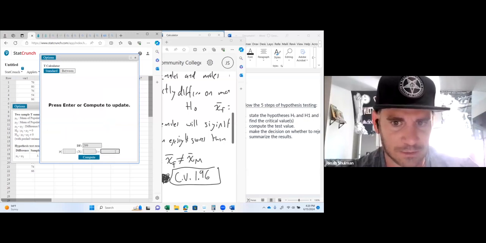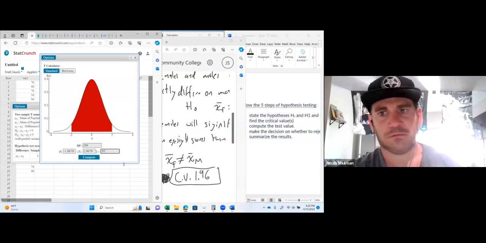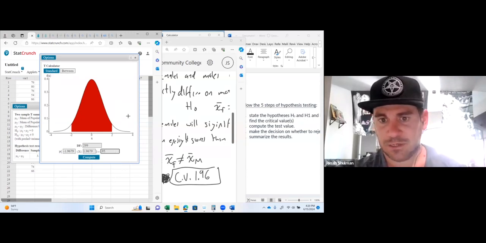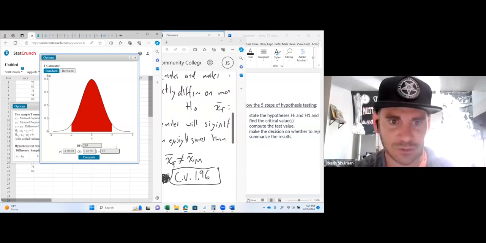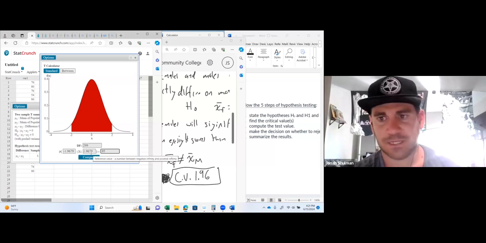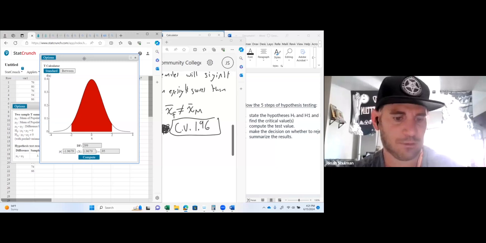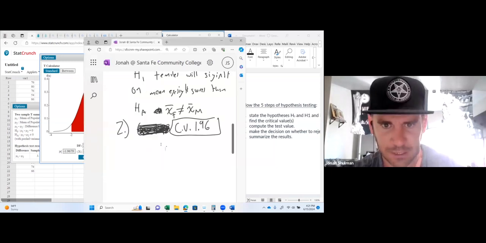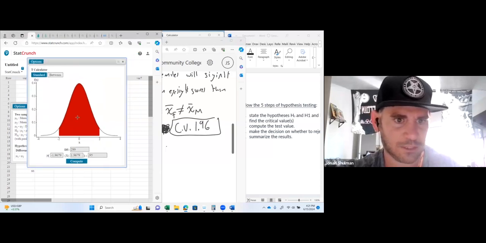So if I make this 0.95 here, you can see it's going to be significant on one side if females have better or worse eyesight, and then on the other side. Because it's two-tailed, it got bigger. So that's why it's 1.96. That's where you get that from. So what I would do is copy this and paste that in. Oh, maybe they don't let me paste it.